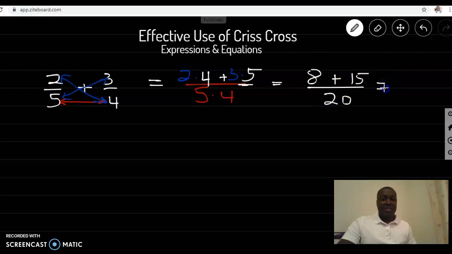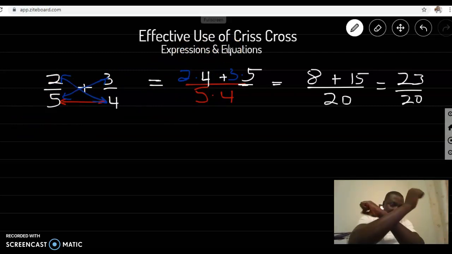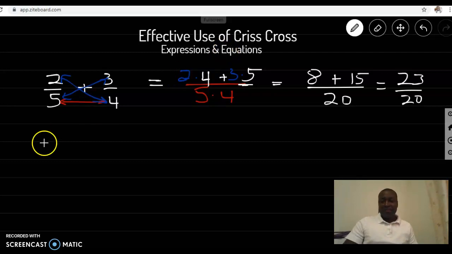Then you add the numerator, which is 8 plus 15, that gives you 23, and then 20. At this time, you cannot simplify any further, so you stop here, and with the use of the Criss Cross method, you are able to add this fraction.